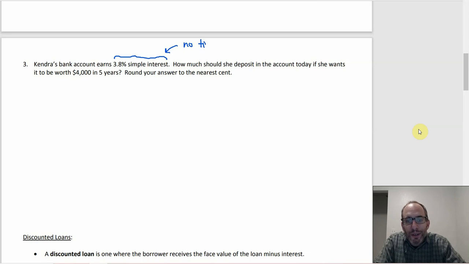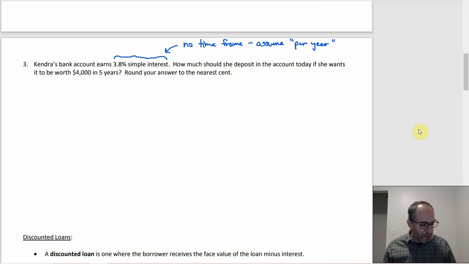But if there is no time frame, then assume per year rather than per month. Okay, so let's see, what do we have? We have that R is going to be 0.038 per year.